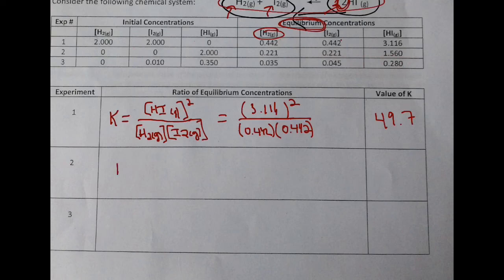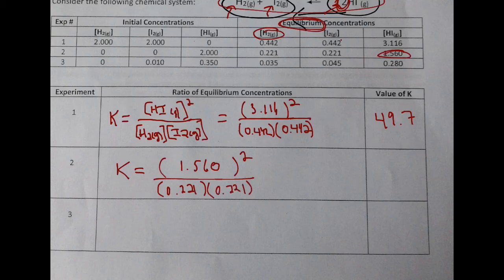So let's now substitute in those values for our expression of K. This time for the hydrogen iodide, we have 1.560, and that's where I took it from. For the hydrogen gas, we have 0.221, 0.221, and if you put that on your calculator, you get 49.8 as the ratio.